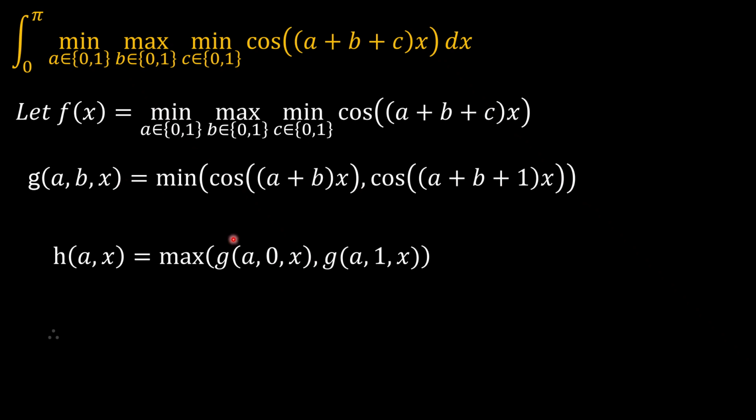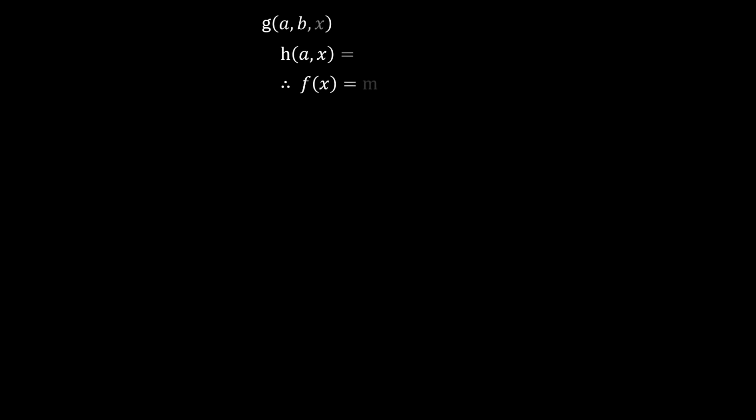And then the final function, f(x), is the minimum between when a is 0 and when a is 1, so h(0, x) and h(1, x). That is how we're going to approach it. We're going to begin from the very top and then figure it all the way down until we get the value f(x). So it's a very interesting problem, and without much ado, let's keep figuring this out.